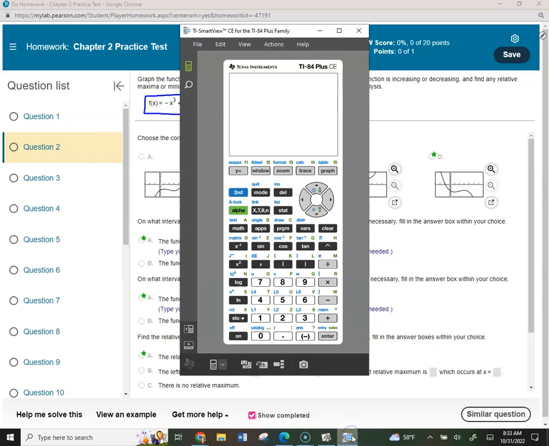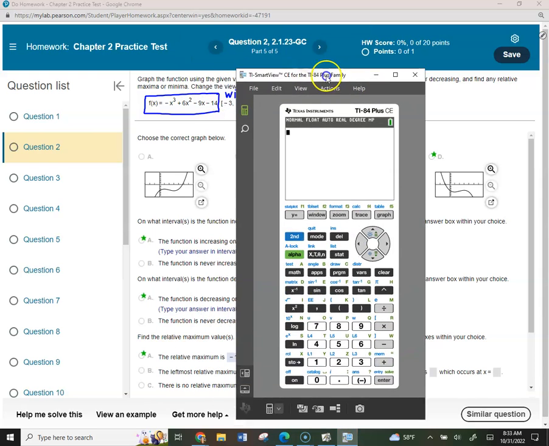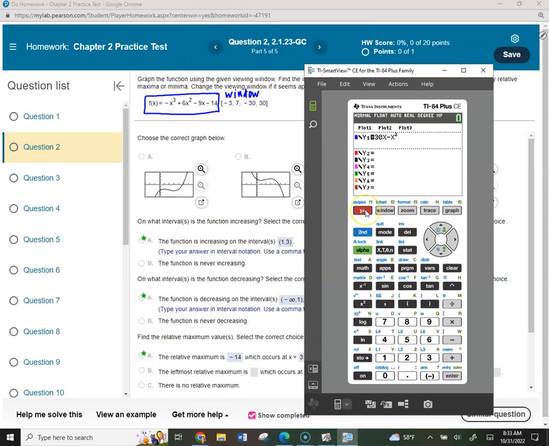When you go to your graphing calculator, you're going to go to y equals and enter that in. Make sure I'm entering it correctly, because this calculator software sometimes doesn't respond to touch very well. Okay, and then go to your window.